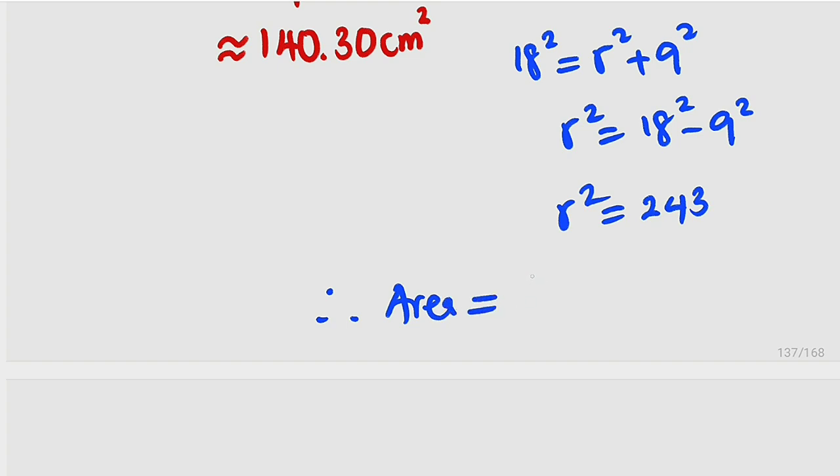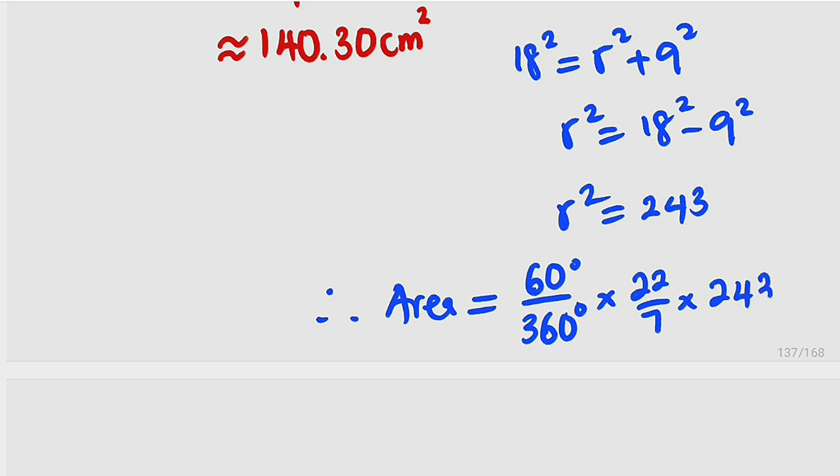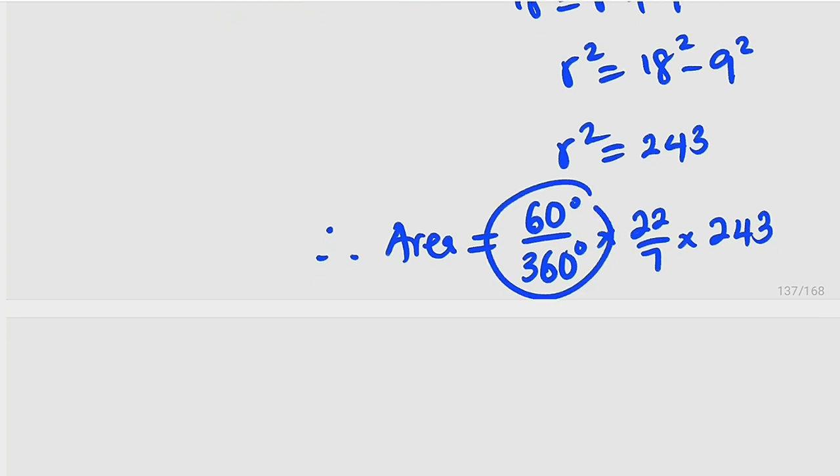Theta, which is 60 degrees, divided by 360 degrees, then multiplied by pi, which is 22 divided by 7, multiplied by r squared, which is 243. You know, this will give us 1 divided by 6, because 60 can divide 60 one time and it can divide 360 six times. Multiplied by, what is 22 times 243?